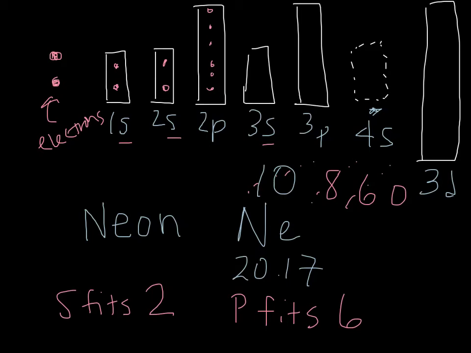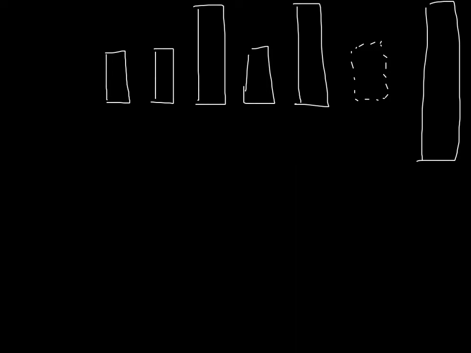So this is awesome. But what if we had an element that had more? So we could erase neon and try a different element. So let me do that really quickly. Why don't I actually just erase and redraw here?